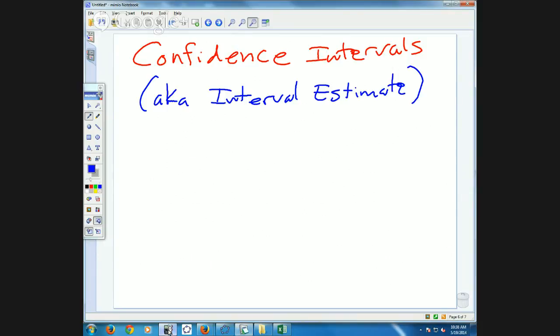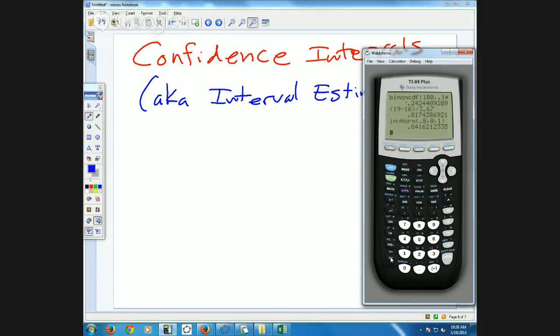So I'm going to do a little calculation with my calculator. I need, let's see, inverse normal, option 3. How confident do we want to be? Well, the most confident you can be is 100%. Are we ever going to be able to be 100%? No, we aren't.